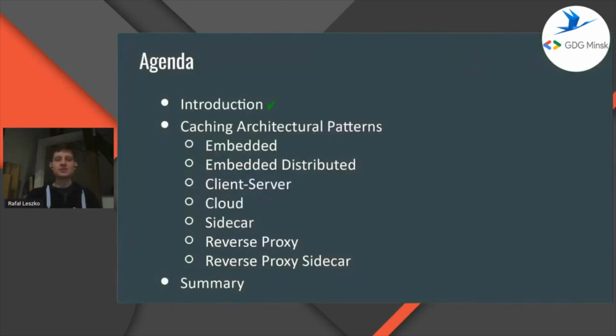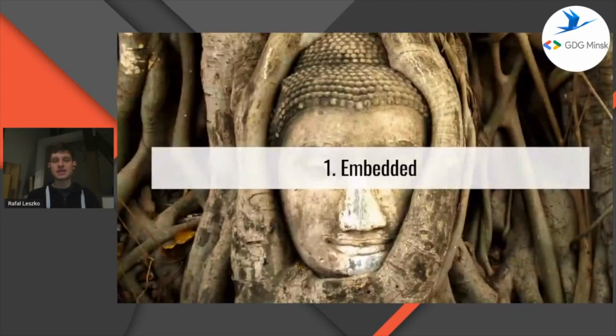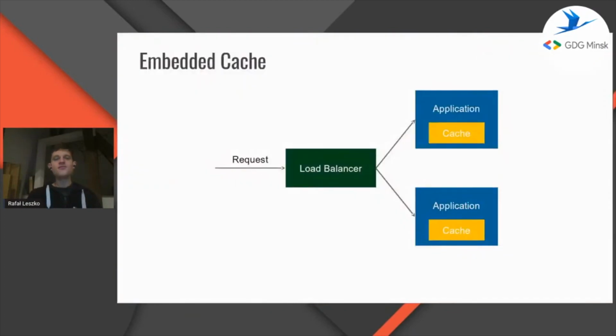So the first pattern you can use, the first topology, is embedded cache. Embedded cache is the simplest caching you can imagine. You put cache as a library inside your application. The flow looks as follows. So there's a request going to our system.